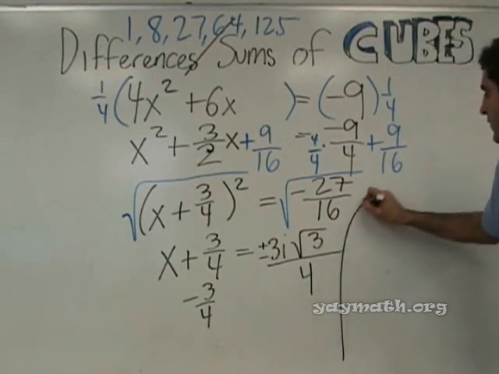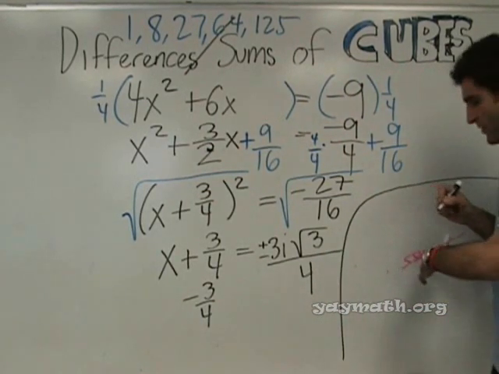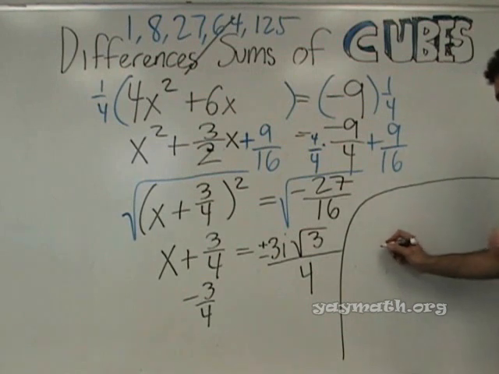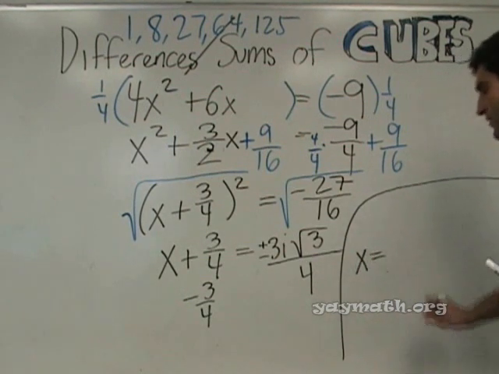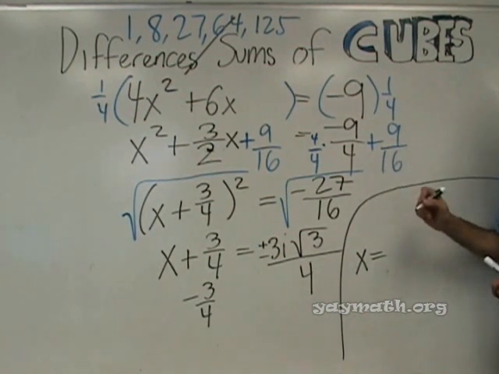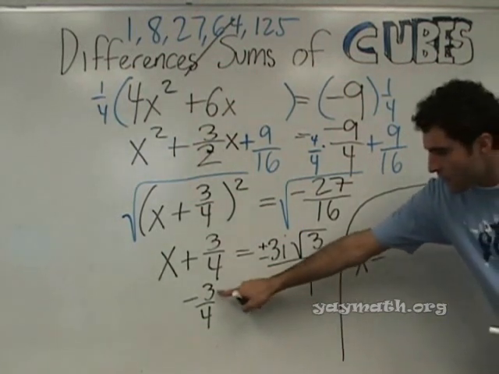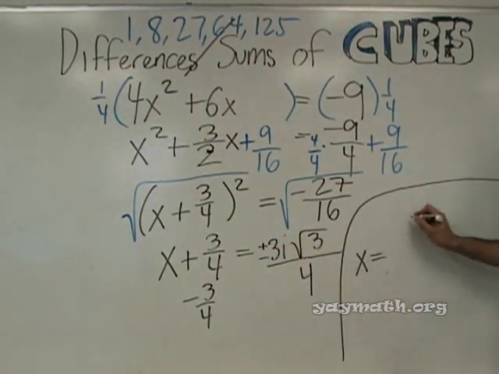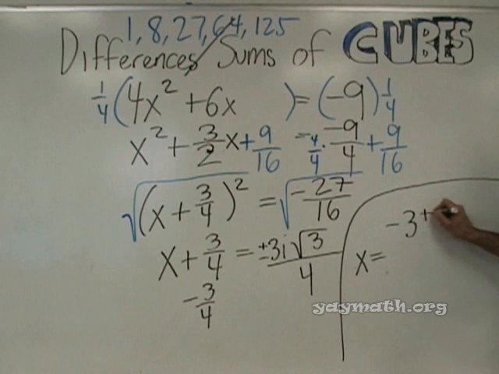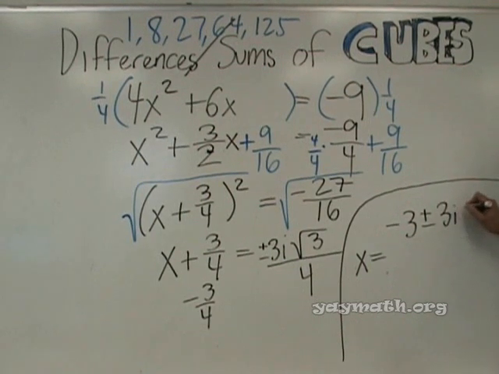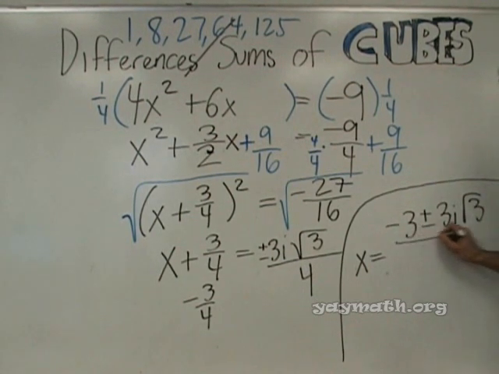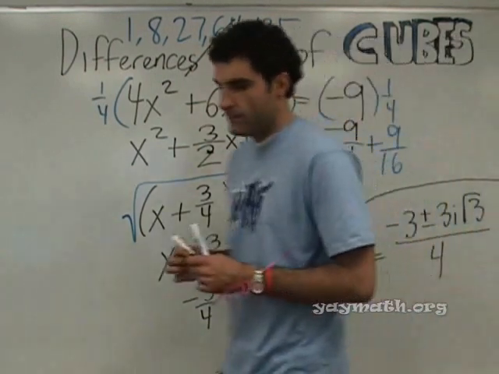And you get negative 3. Let's put it over here. Is this in the frame? Can you see this? Okay. X equals, in the spirit of keeping it looking like the quadratic formula, I'm going to put the negative 3 out in front. So negative 3 plus or minus 3i root 3, all over 4, because they already have the same denominator.